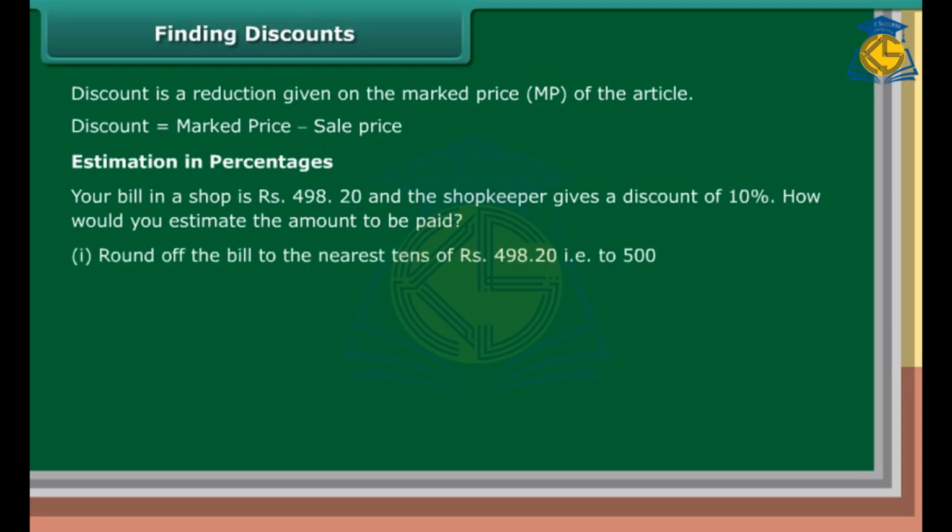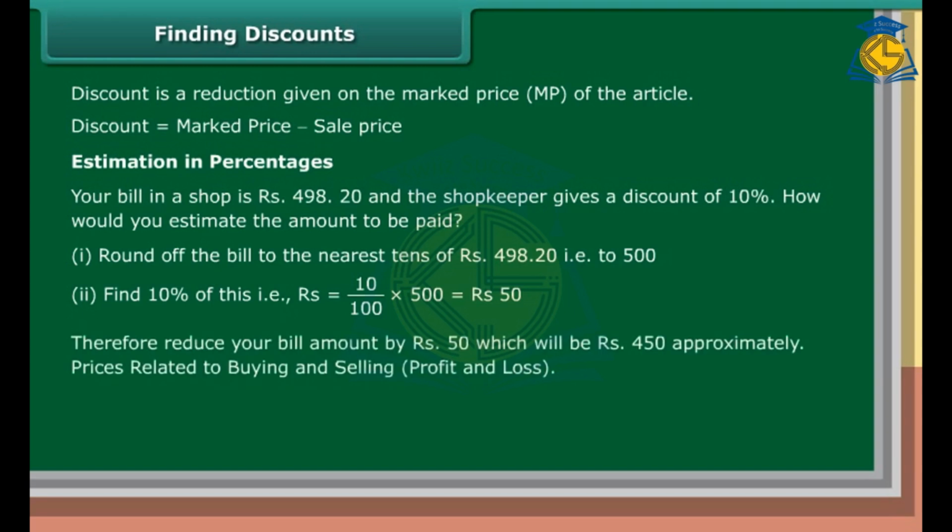Round off the bill to the nearest tens of rupees, 498.20, that is to 500. 2. Find 10% of this, that is rupees 10 upon 100 into 500, which is equal to rupees 50. Therefore, reduce your bill amount by rupees 50, which will be rupees 450 approximately.